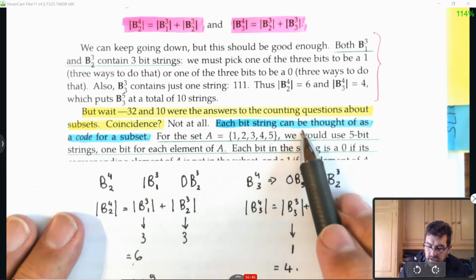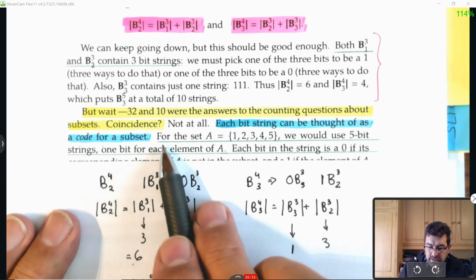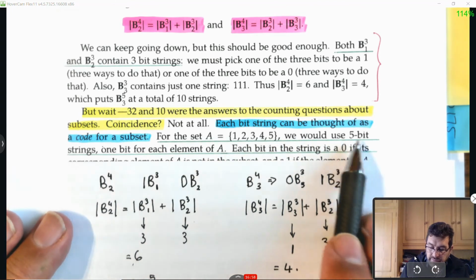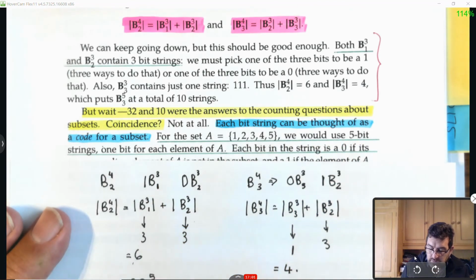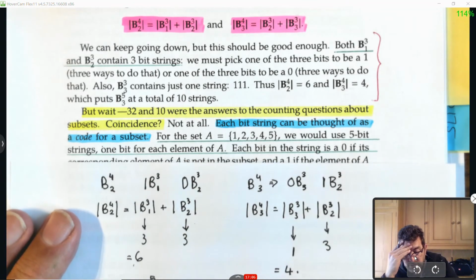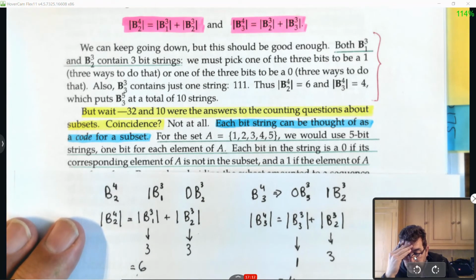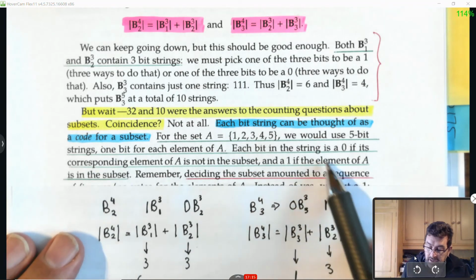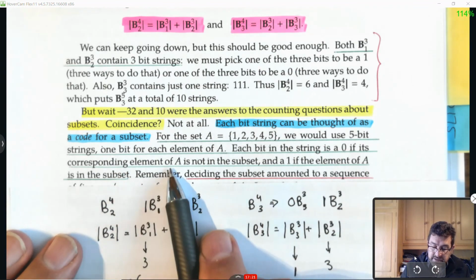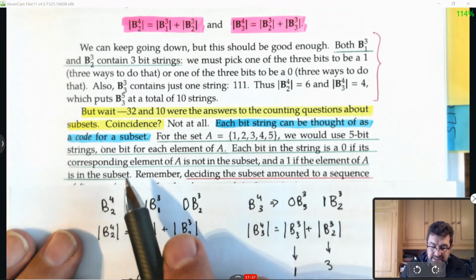Each bit string can be thought of as a code for a subset. So for the set 1, 2, 3, 4, 5, we could use 5-bit strings, the length of the bit string, 1 bit for each element of A. Each bit of the string is a 0 if its corresponding element in A is not in the subset, and a 1 if the element of A is in the subset.